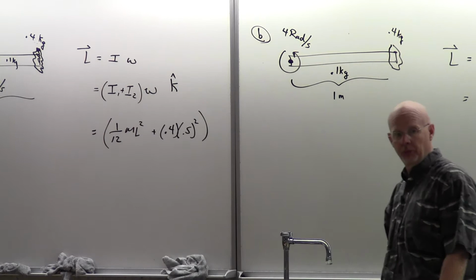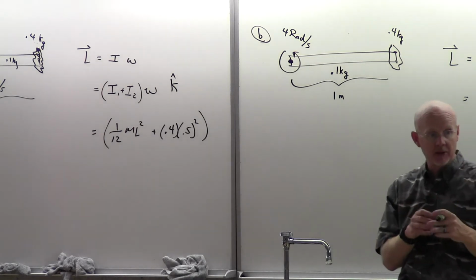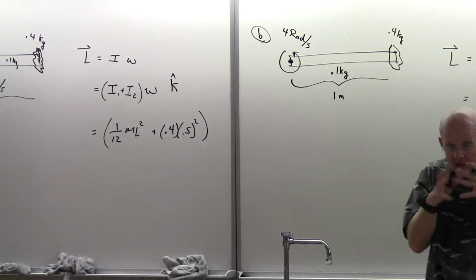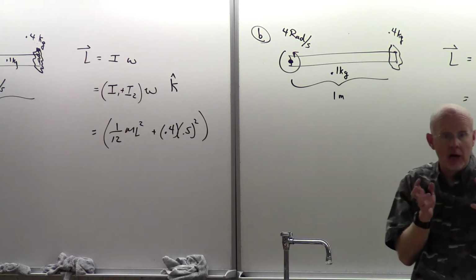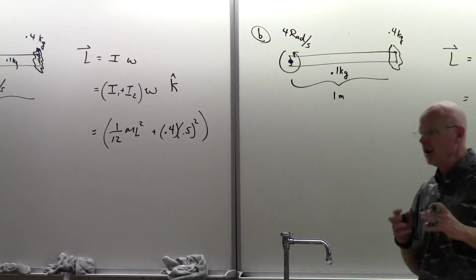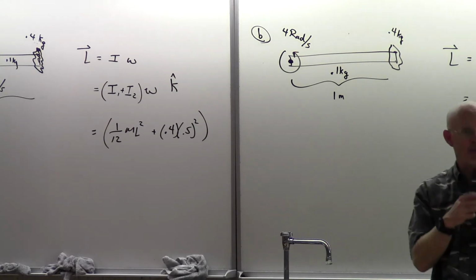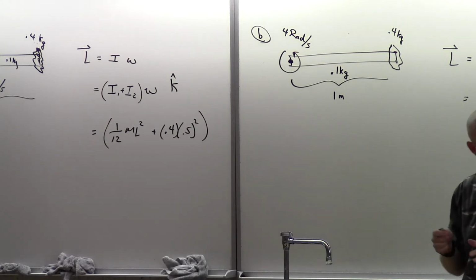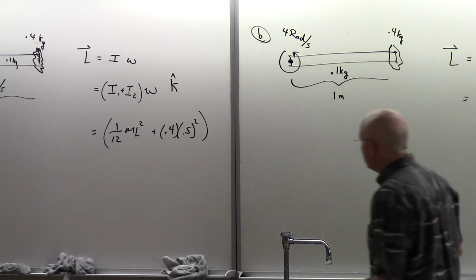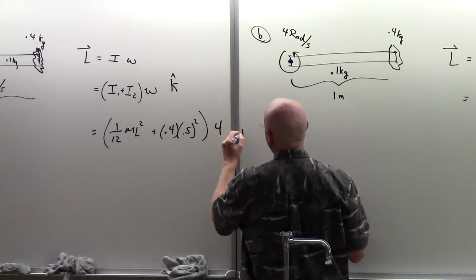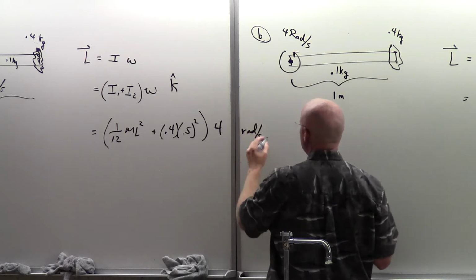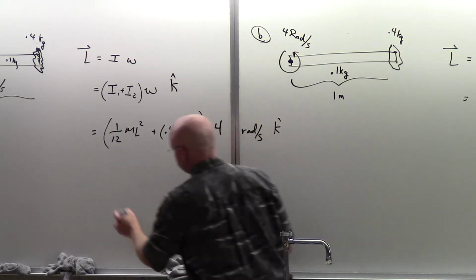I'm pretty sure that's what they want to say about this blob of clay. They don't really give me any dimensions to this blob of clay. It would have been a little different had they told me the blob at the end was a disk, and they gave me the radius of that disk. Then I know they would want me to treat it as a disk rotating off center. This then is 4 radians per second and in the k-hat direction.